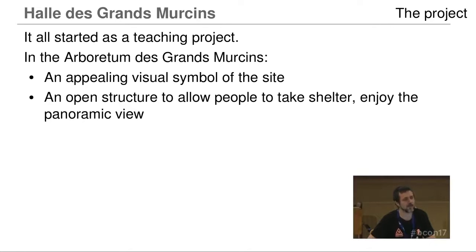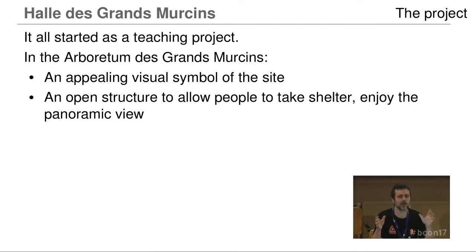It was supposed to be, I didn't find the word, in French it's préau, and the translation in English is covered courtyard, like for children in schools. They call it halle, city, big things, but in fact it's quite small. It's an open structure. It's not closed.